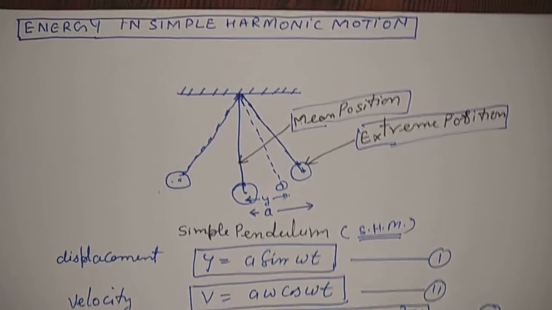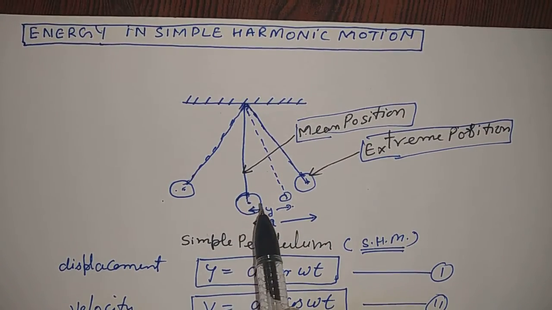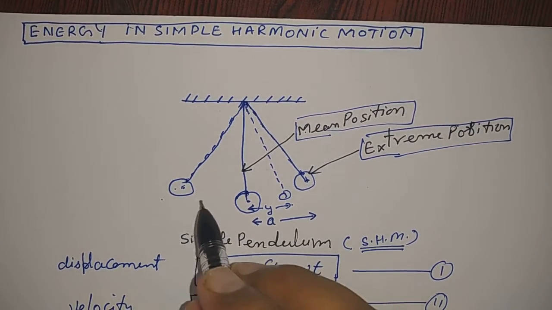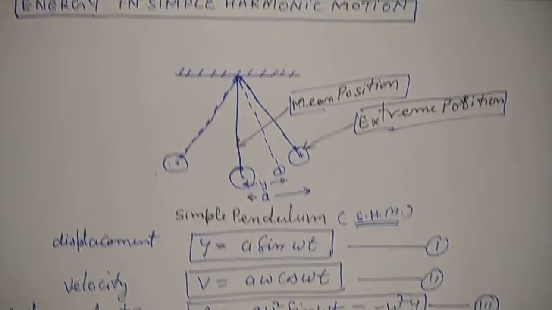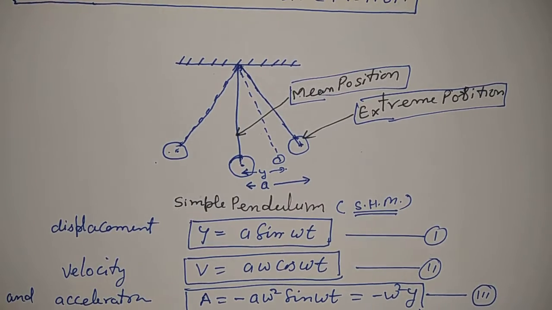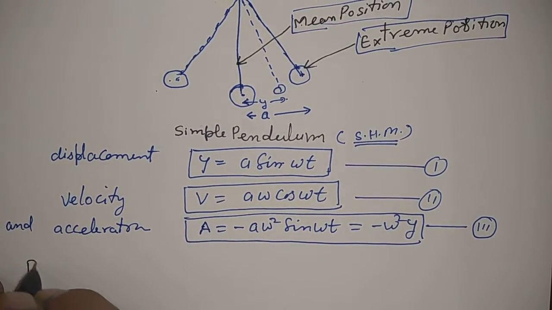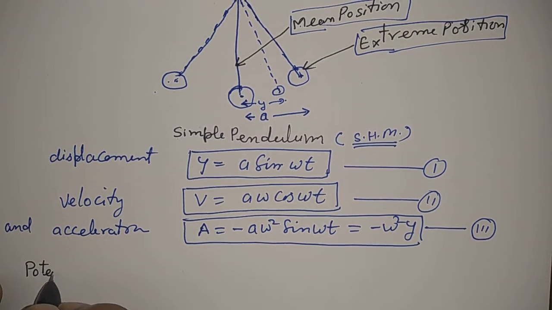Now see carefully here, in simple harmonic motion, when a simple pendulum moves it contains both types of energy, potential energy and kinetic energy. First of all we are going to see the potential energy.